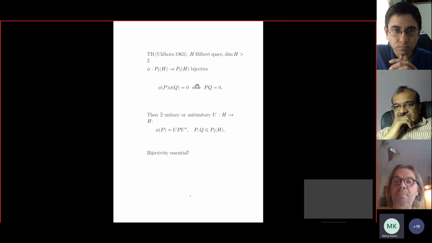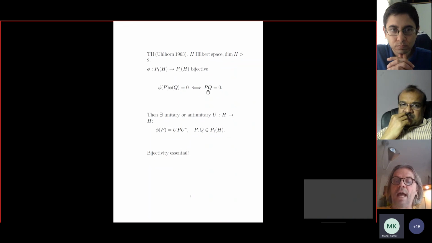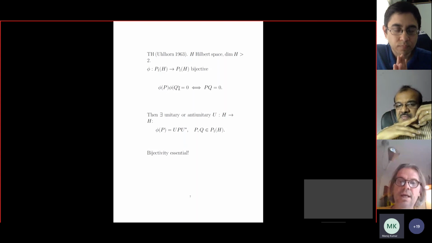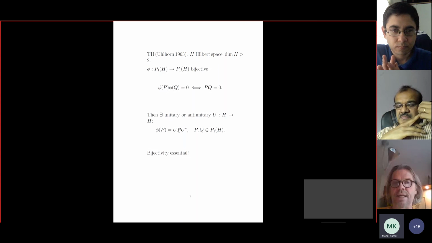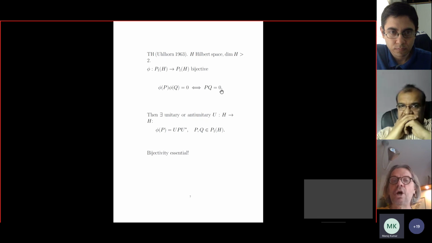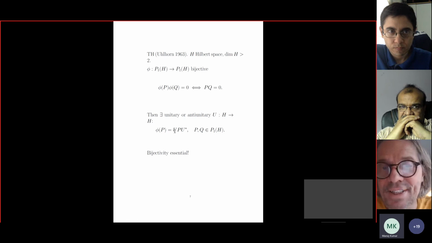Bijectivity is needed, but as far as I know, this is open. If I have a bijective map and orthogonality is preserved in one direction, so you have implication just in this direction, I'm rather sure the conclusion has to be the same. So you have a bijective map from projections of rank 1 to projections of rank 1. The assumption is if PQ equals 0, then phi P phi Q equals 0. Just implication in one direction, not in both directions. I believe the conclusion is the same. It's so simple.